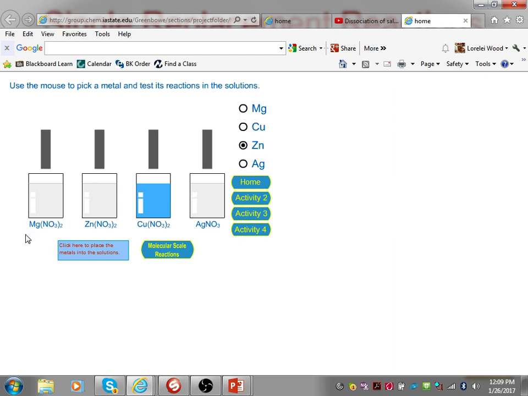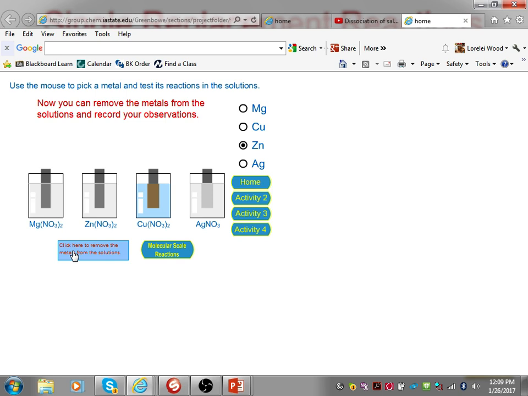And now when I put the metals down into the solution, watch what happens to both the solution and the metals. All right. I'm not going to move the metals yet because I want you to notice the solution. Do you think there was a chemical reaction here? Doesn't look like it. Do you think there was a chemical reaction here?